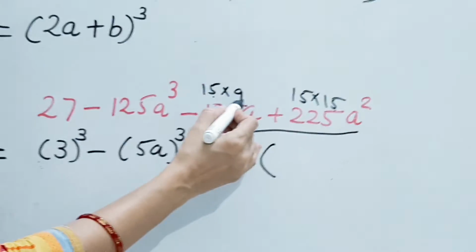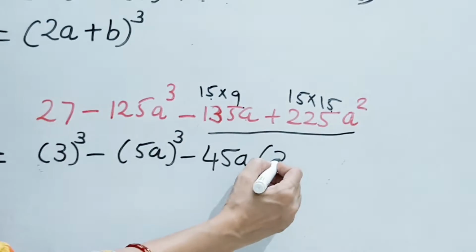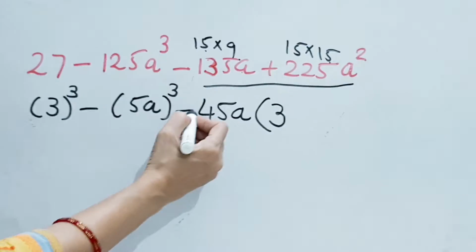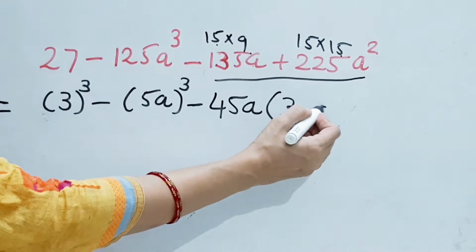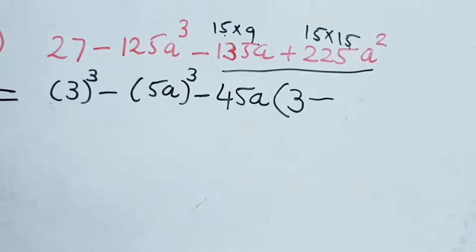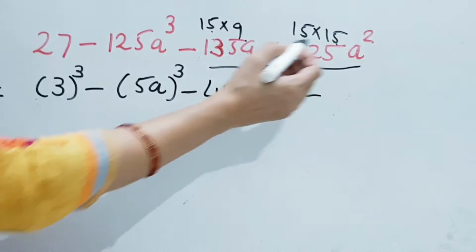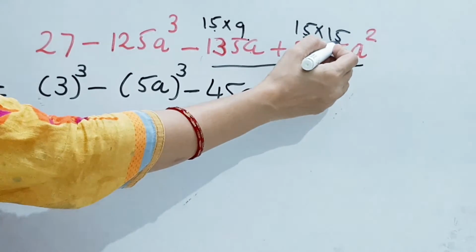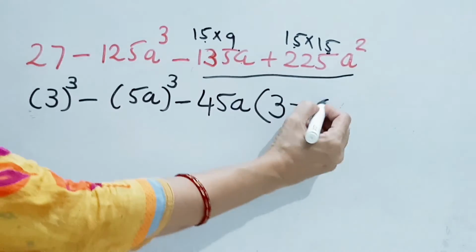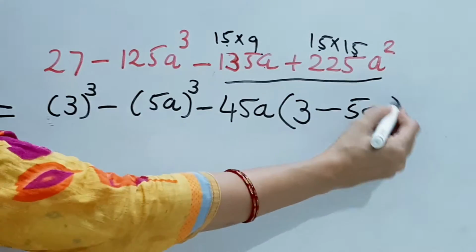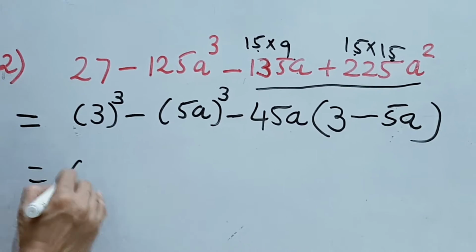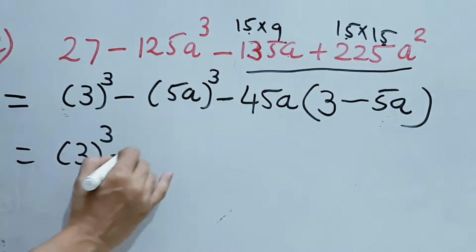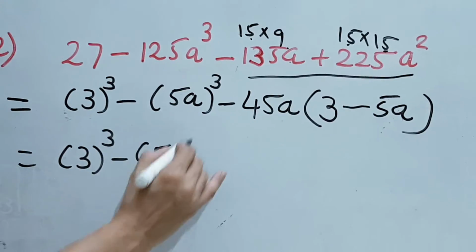If 45 is common, then what is remaining? 3. Minus should be common, so the sign will be changed. So inside the bracket, minus. And 15 times 3 is 45, so what is remaining? 5a. Correct?